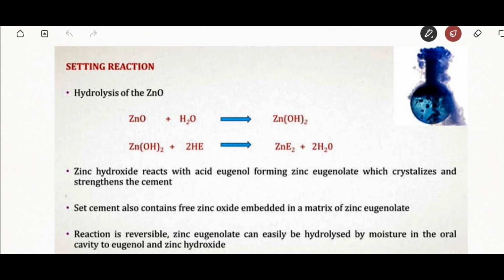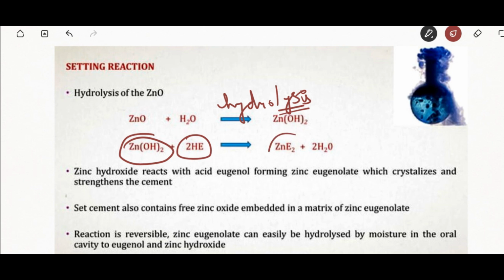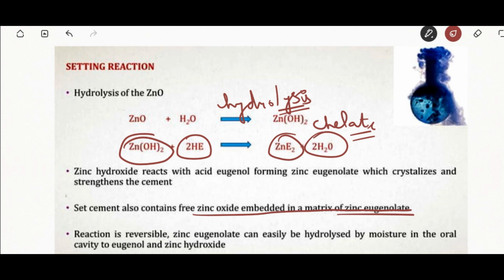The setting reaction and microstructure are the same as that of zinc oxide eugenol impression paste. In the first reaction, hydrolysis of zinc oxide takes place, so water is the essential component for the reaction. The zinc hydroxide reacts with eugenol to form a chelate, that is zinc eugenolate.